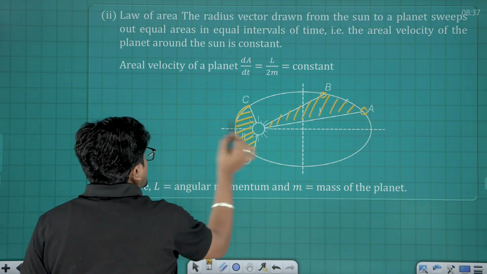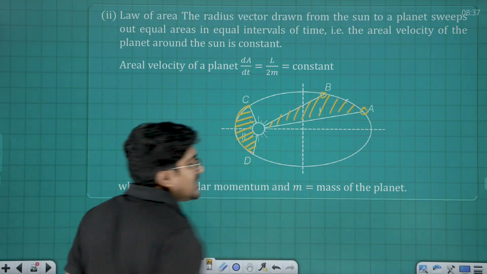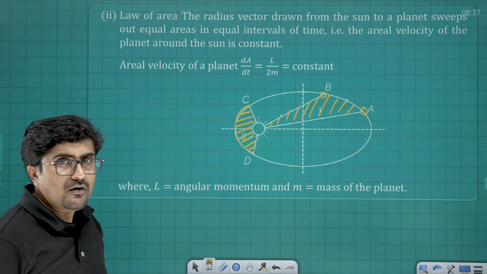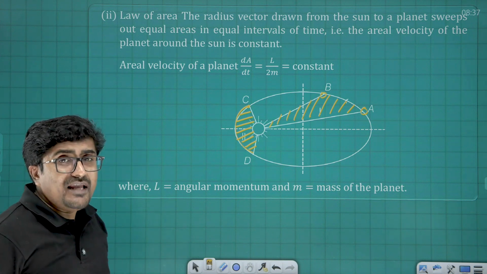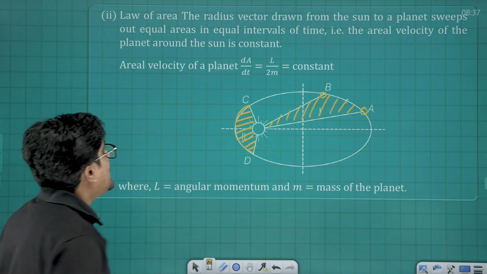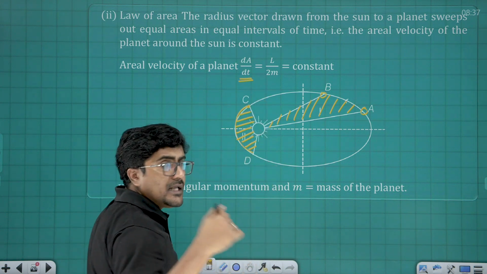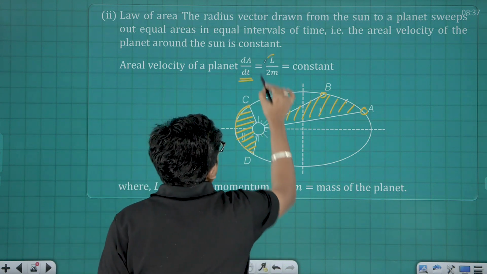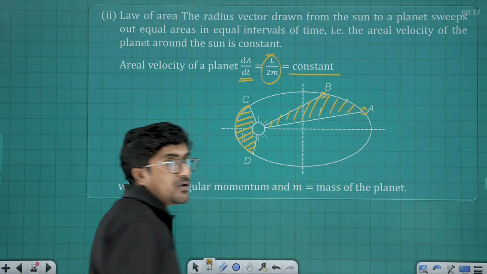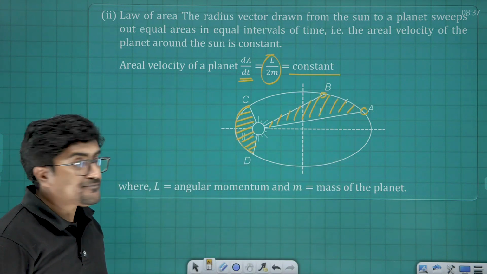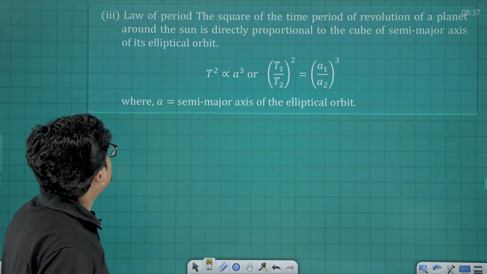The second law says that these two areas are the same. So in other terms, areal velocity is constant, and mathematically we can prove that dA by dt, the area swept in unit time, is L upon 2m, and that is a constant, where L is the angular momentum.